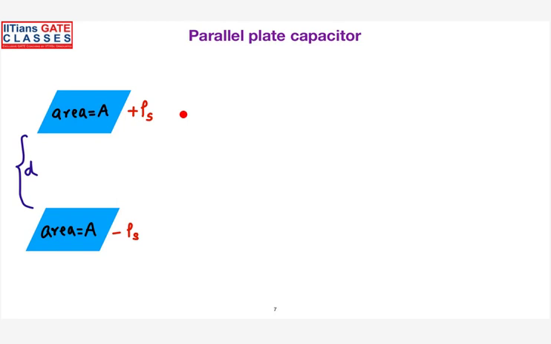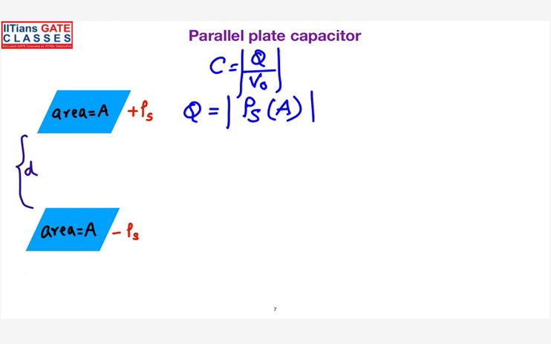The capacitance is the charge divided by the potential difference. First, what is the charge present on each conductor? Since it is a surface charge, the total charge is rho S multiplied by the area of the plate. So the charge on each plate is rho S into A. Take it as equation 1.